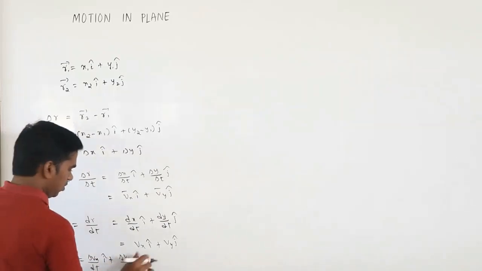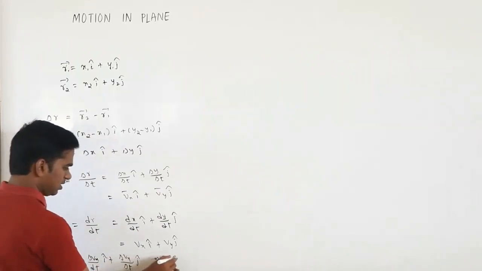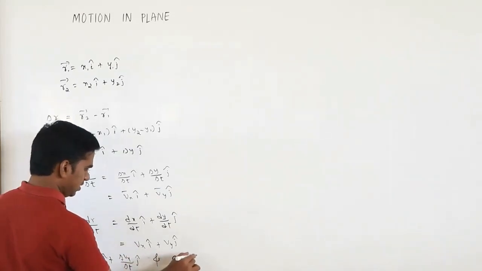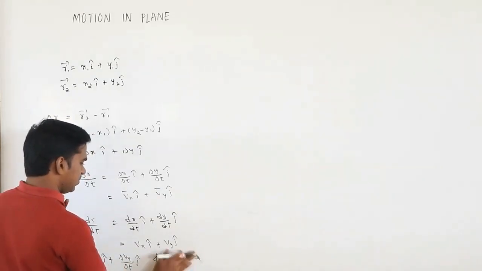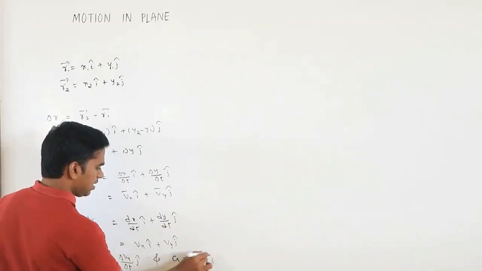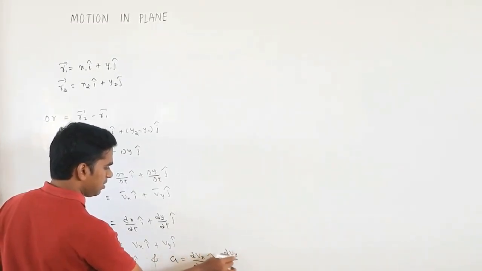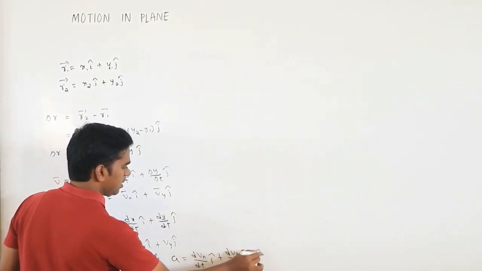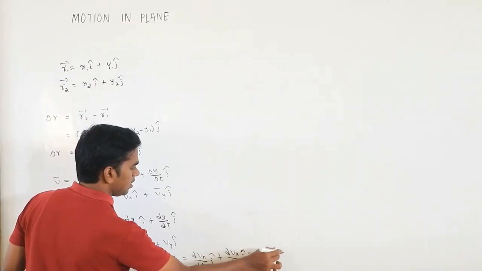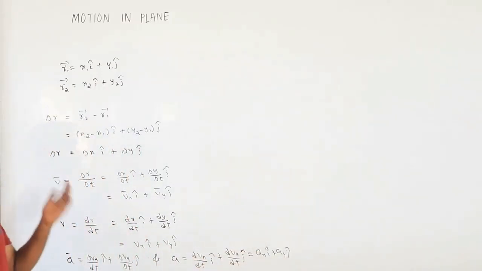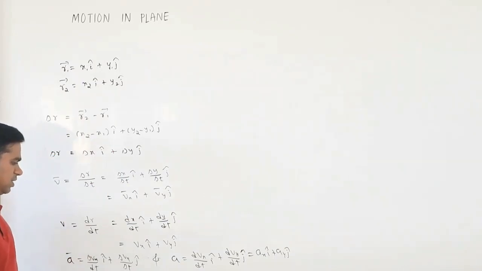Or if you want to write the instantaneous acceleration a, you can write dvx by dt i cap plus dvy by dt j cap, or simply ax i cap plus ay j cap. Okay, so all these things were discussed in our last discussion.